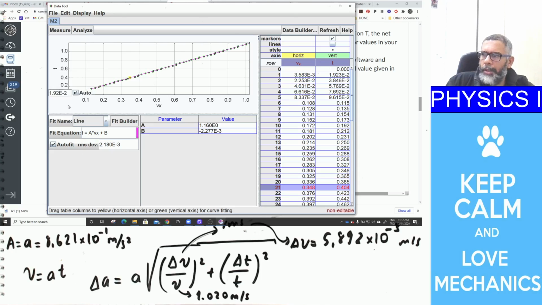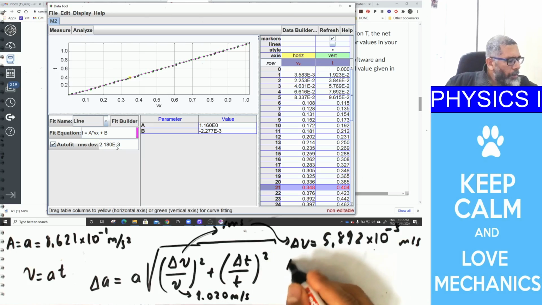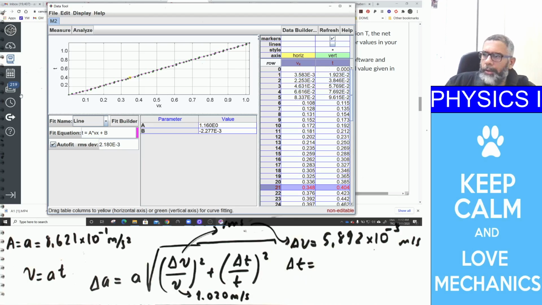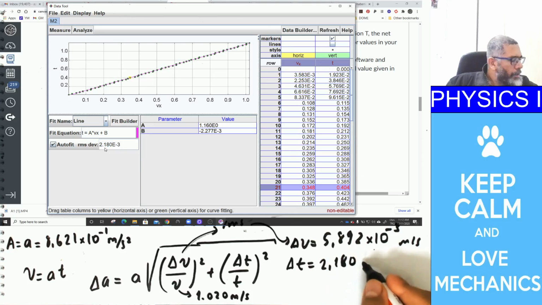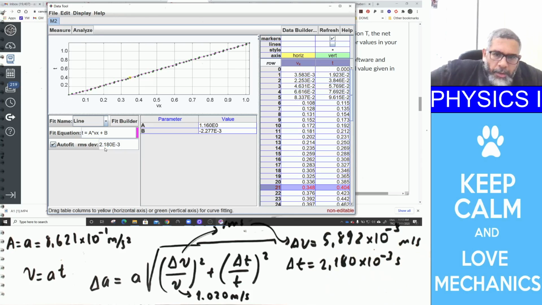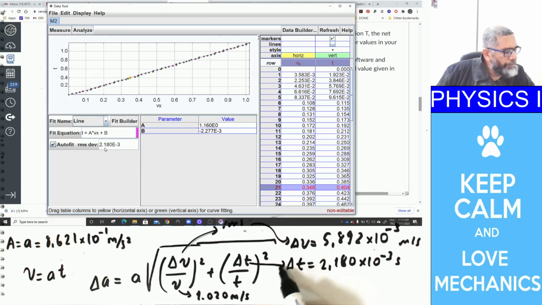Now T is here, and this is the root mean square for T. That is, this is delta T. Reading it now, Tracker calculated 2.180 times 10 to minus 3 seconds. And this is what you put over here.